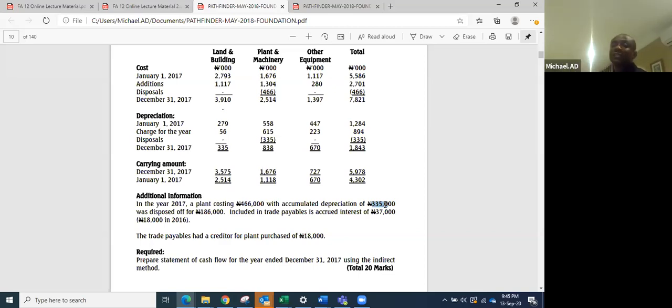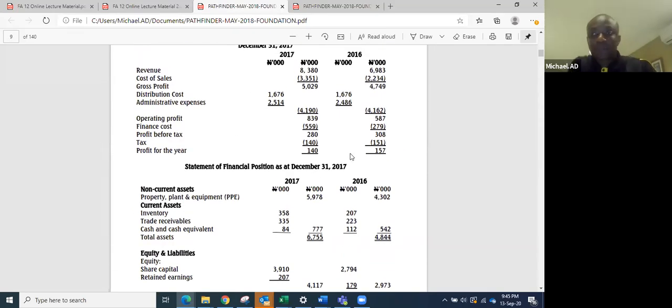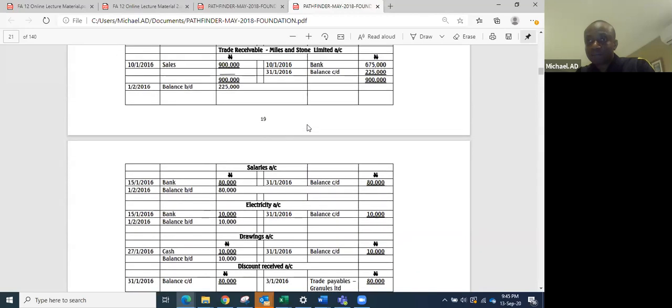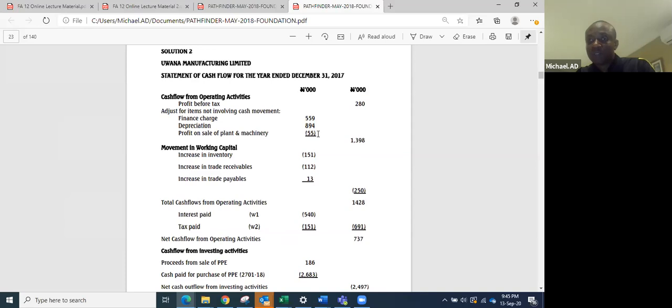So these are the amounts that make up your profit in the first place. This 55 naira profit is what makes up this profit. So we have to remove that 55 naira. Profit on sales of machinery, 55 naira. So by the time you add these three together, it gives you 1,398.